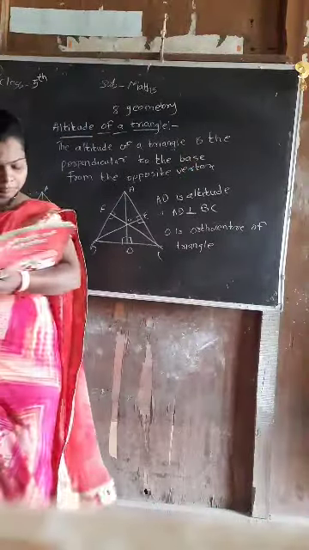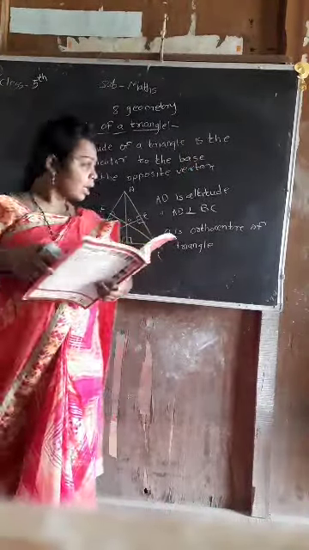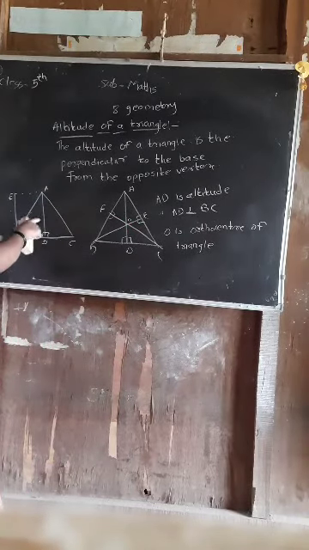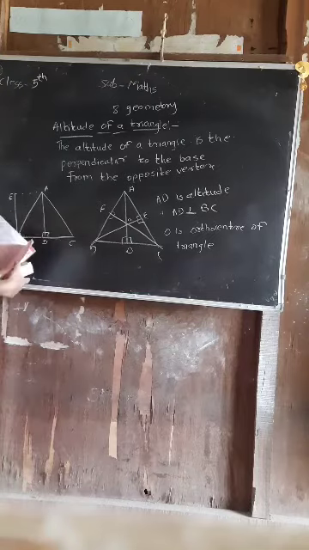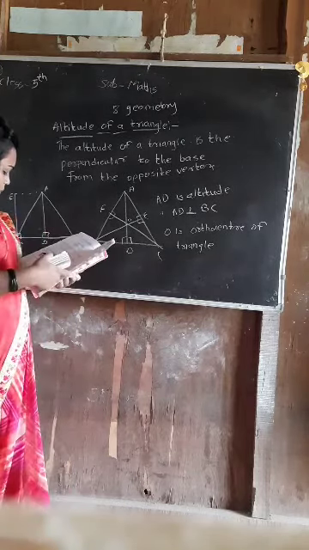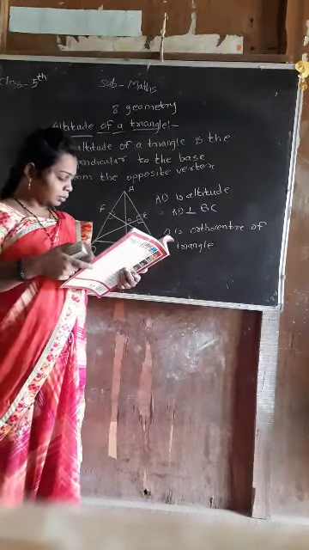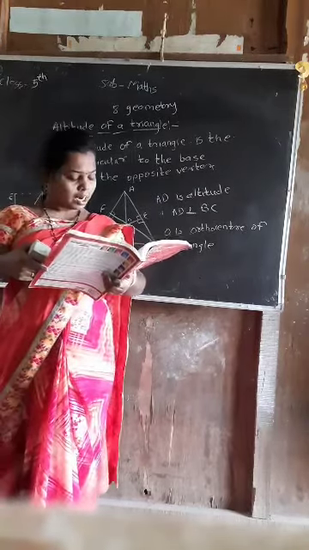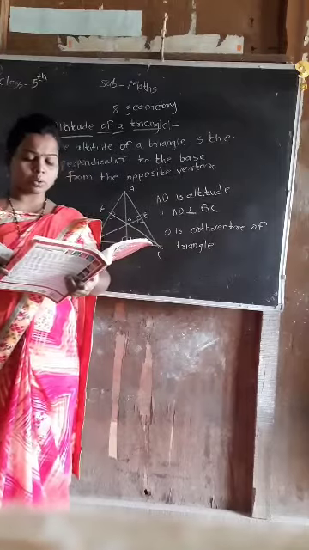This is the altitude of the triangle. Here AD as well as EB are altitudes of triangle ABC having the same heights. That is, AD is equal to EB.